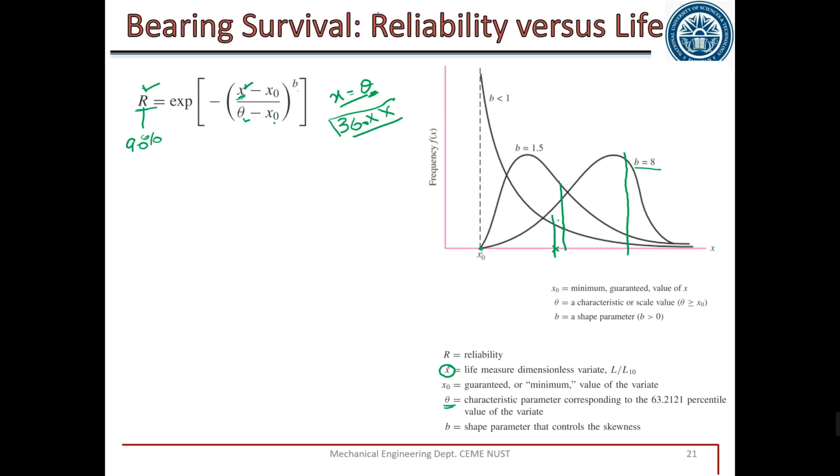So depending on the value of b, the value of theta is different for all the curves, b 1.5, b 2, b 3, b 4, but that value of theta is standard. The value of x is your desired value, and that can be calculated using this Weibull equation.